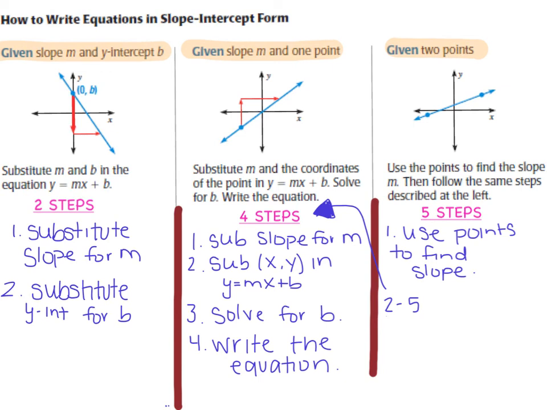Your final step is to replace them and write your equation. Now, last one, if you're given 2 points, you're going to use the points to find the slope. So your 2 points, you're going to use that formula that we used earlier in the video, and then you're going to complete the next 4 steps from the one prior to it.